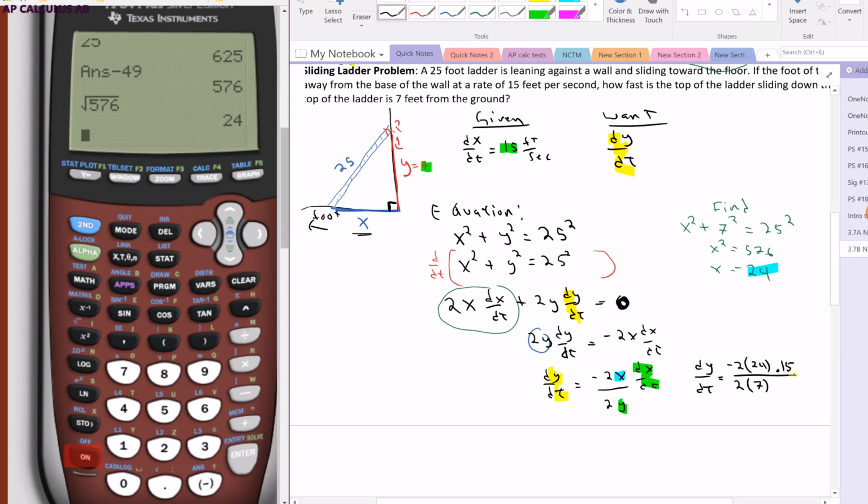It's going to be negative 2 times 24 is negative 48, times 15, divided by 14, and we're going to get negative 51.4, which is not making a whole lot of sense to me right now.